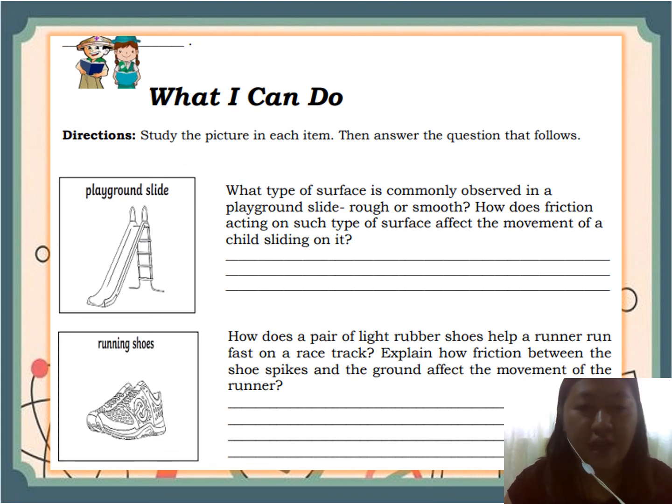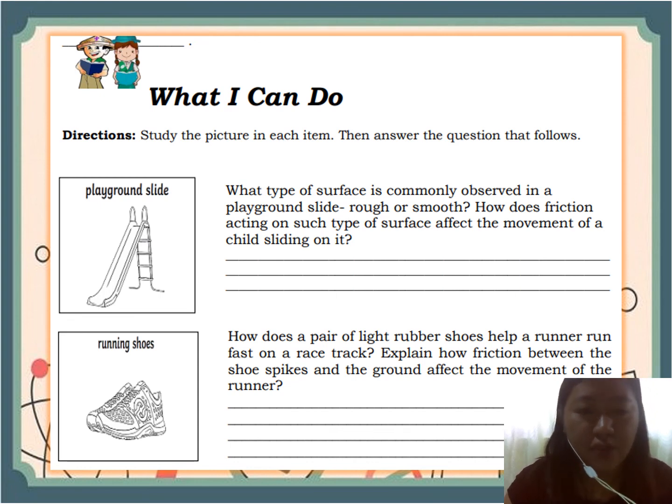If we have a smooth surface, then we have less friction. And if we have less friction, that means a child's movement from the top of the slide going down is faster.